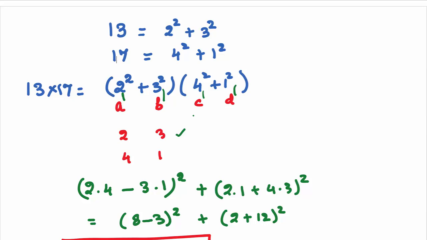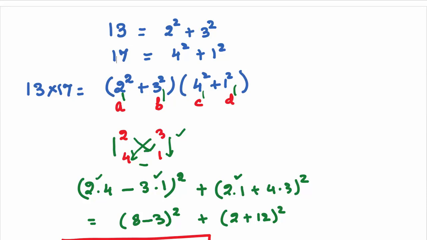Now, using the above identity, we'll do vertically and then crosswise and take the squares. So, vertically 2 into 4, minus 3 into 1, whole square, plus. Now do the crosswise. 2 into 1 plus 4 into 3, or you can say 3 into 4, whole square.